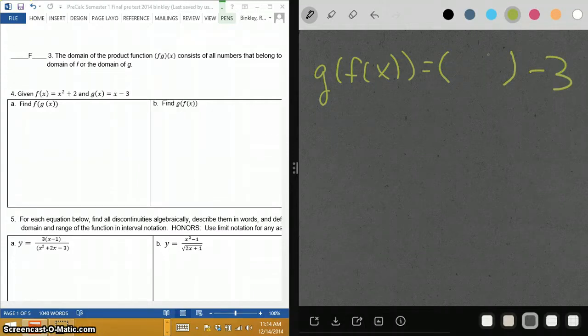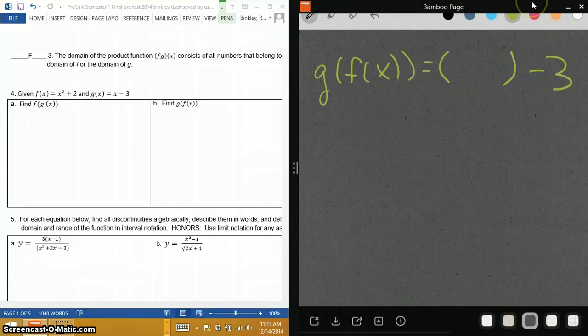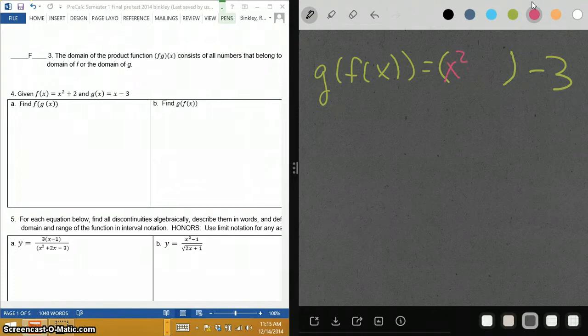And then in parentheses, instead of just putting x, I'm going to put the entire f of x, which is x squared plus 2. Okay, that's all there is to it.